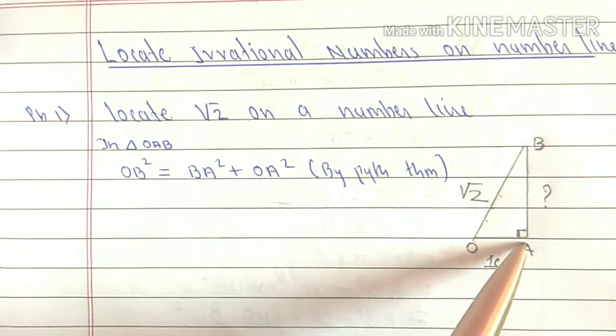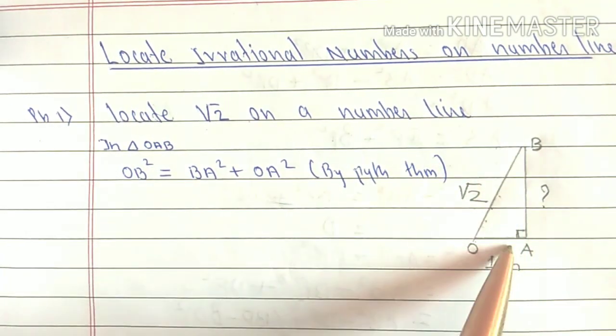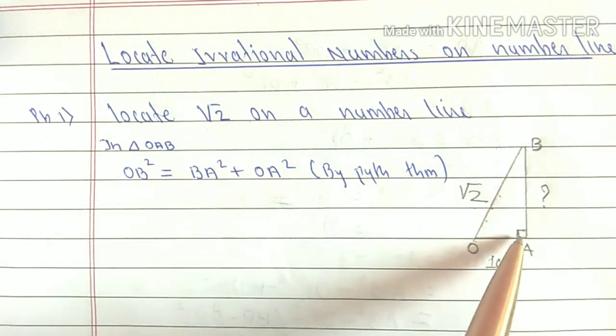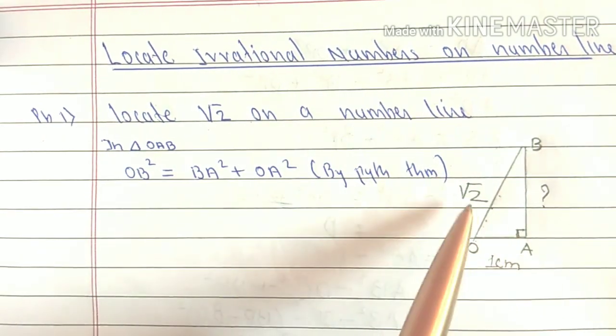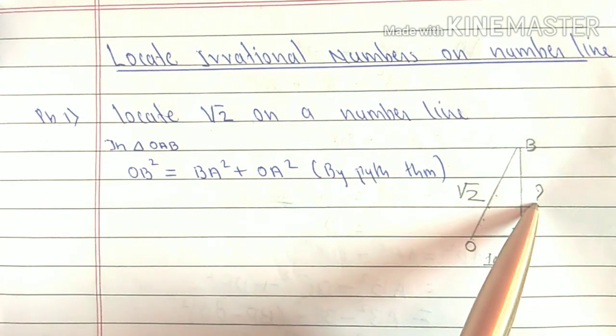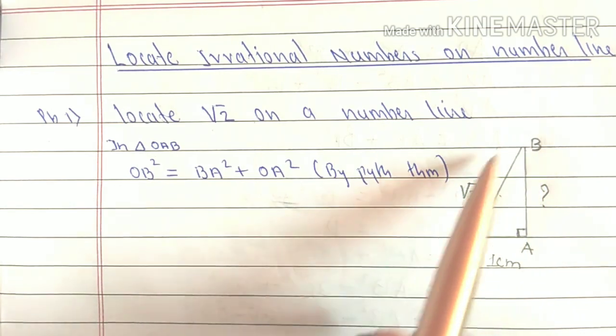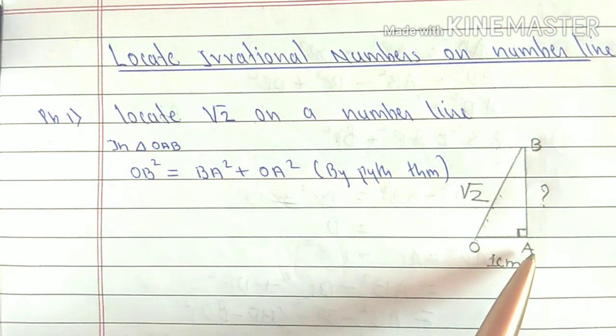In this triangle OAB, I know that this triangle is a right angle triangle, and if I have two sides with me, I can find out the third side by using Pythagoras theorem. So I am applying Pythagoras theorem for this right angle triangle.